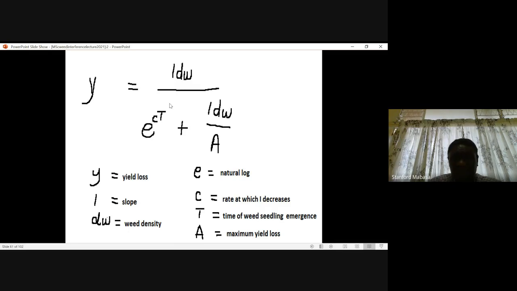But what is more important is the T, which is the time of weed seedling emergence. Once Cousens incorporated this in the equation, he was able to predict accurately the crop yield loss in various crops.